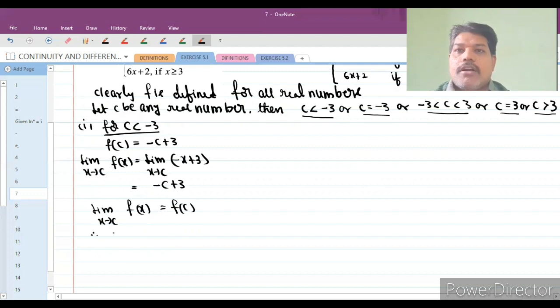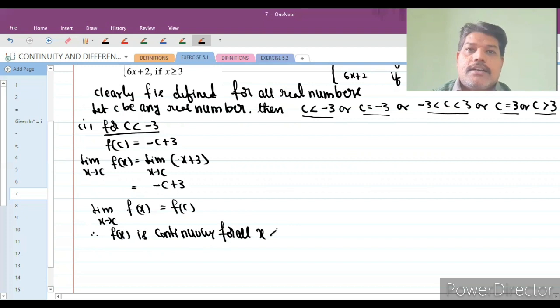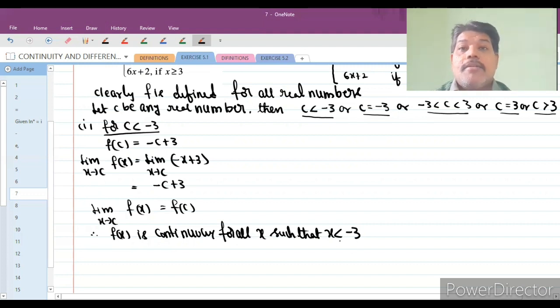So f of x is continuous for all x such that x is less than minus 3. I understand that f of x is continuous for all x less than minus 3. That is case 1.